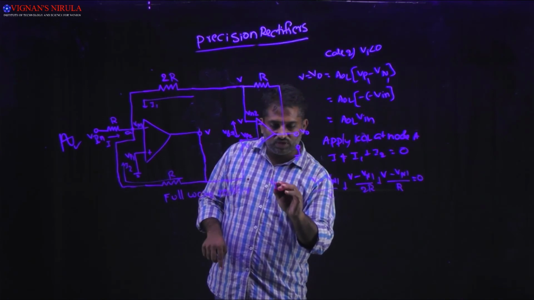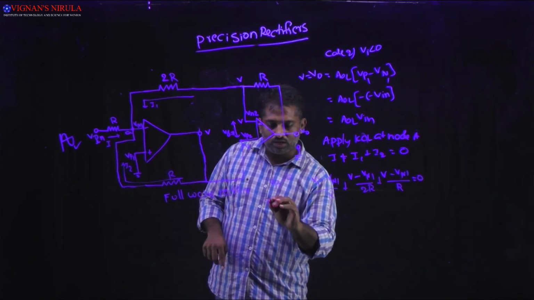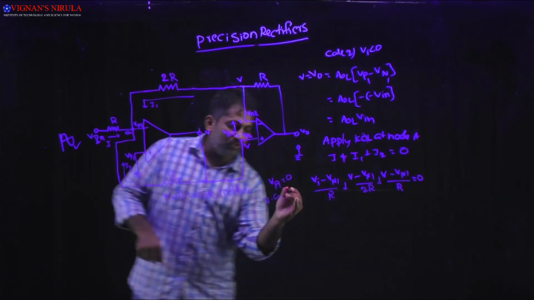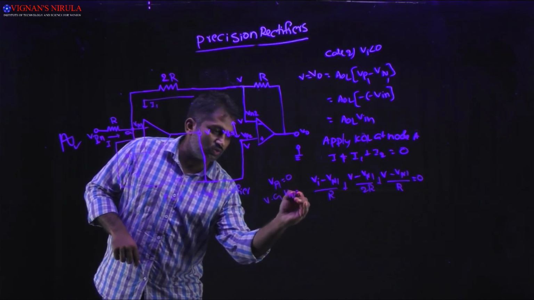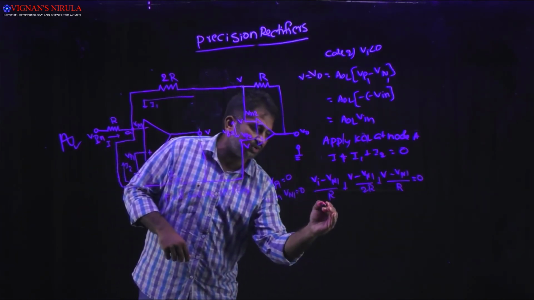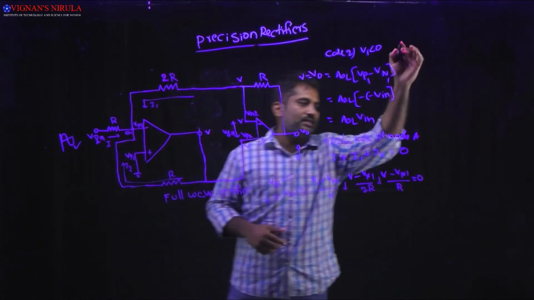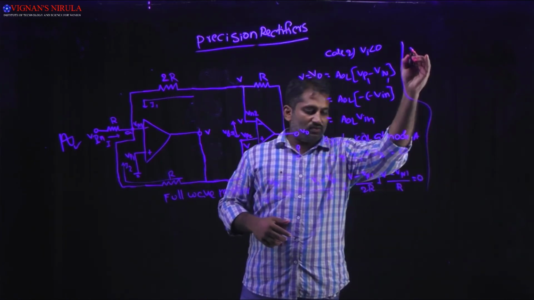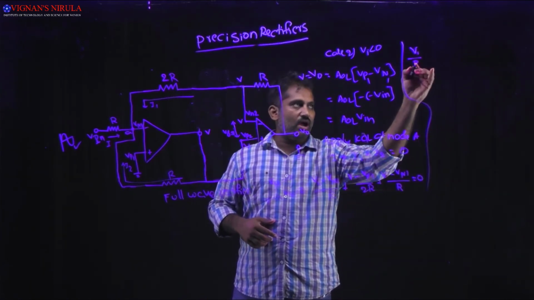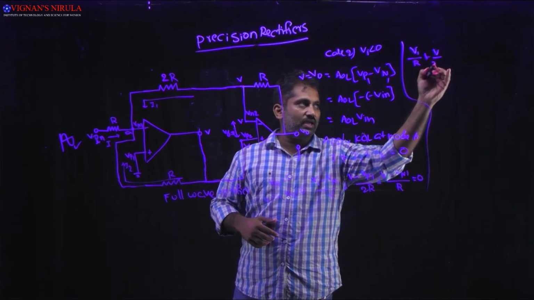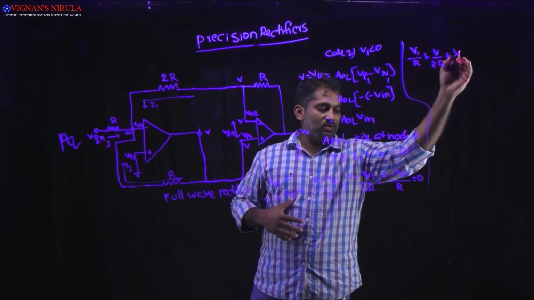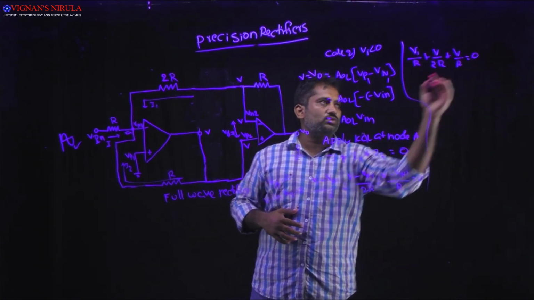Substituting in this equation, we get Vi divided by R plus V by 2R plus V by R equal to 0.